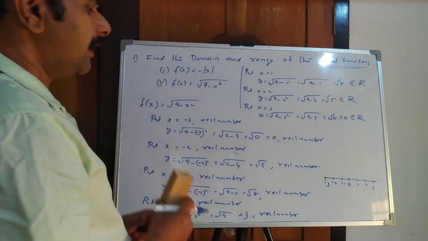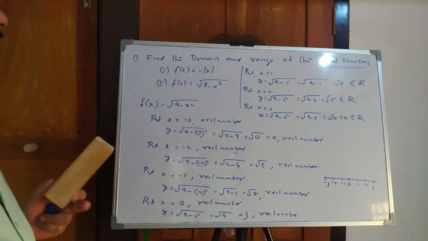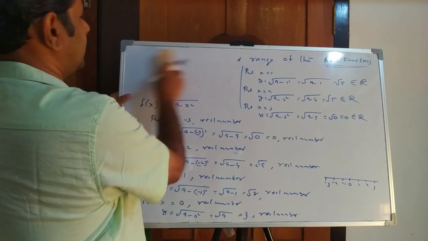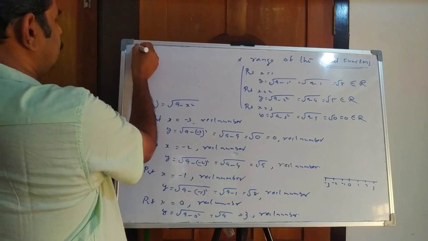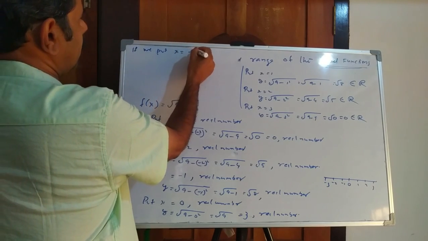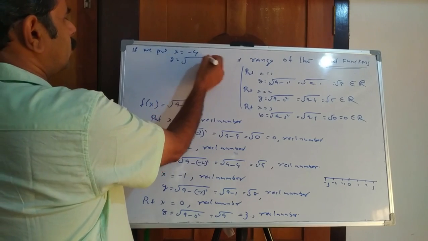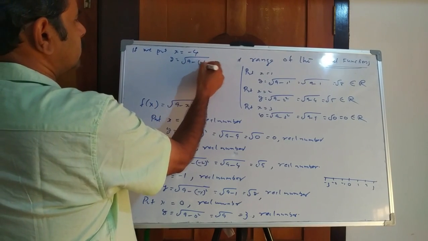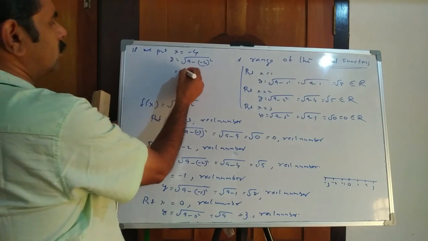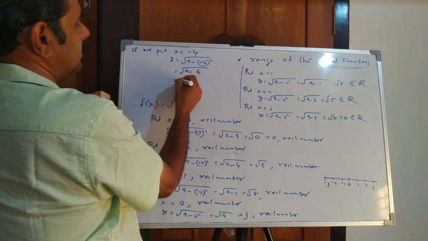Then what happens if we put x is equal to minus 4? y is equal to root of 9 minus (minus 4) square, that is root of 9 minus 16.